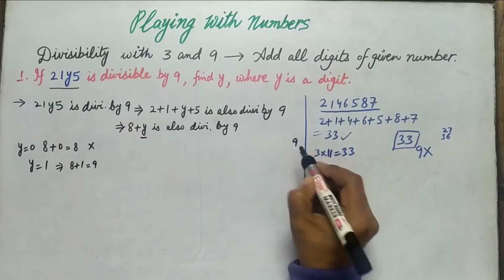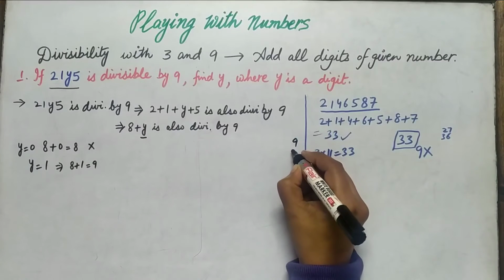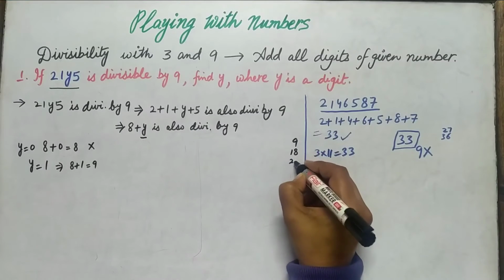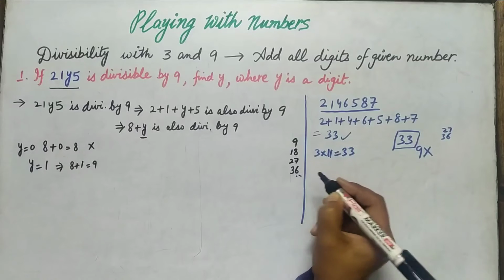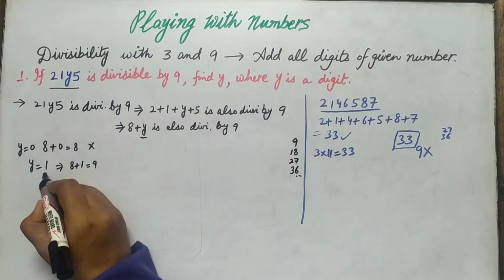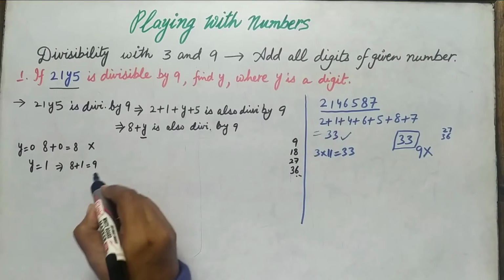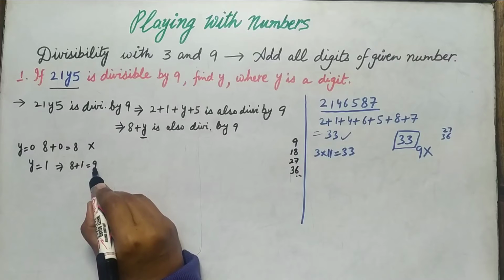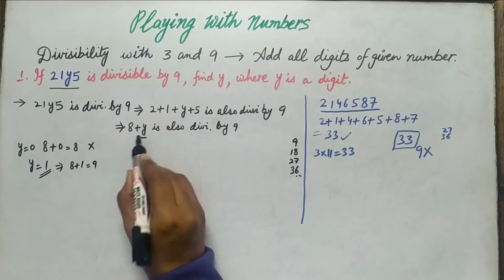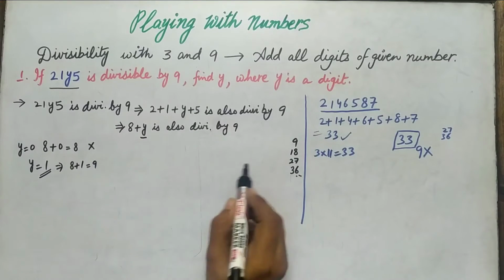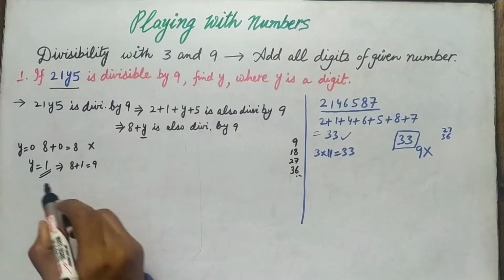We write the table of 9. 9 ones are 9, 9 twos are 18, 9 threes are 27, 9 fours are 36, and so on. So when we put y equal to 1, the sum becomes 9. So 1 is our correct option because 9 is in the table of 9.